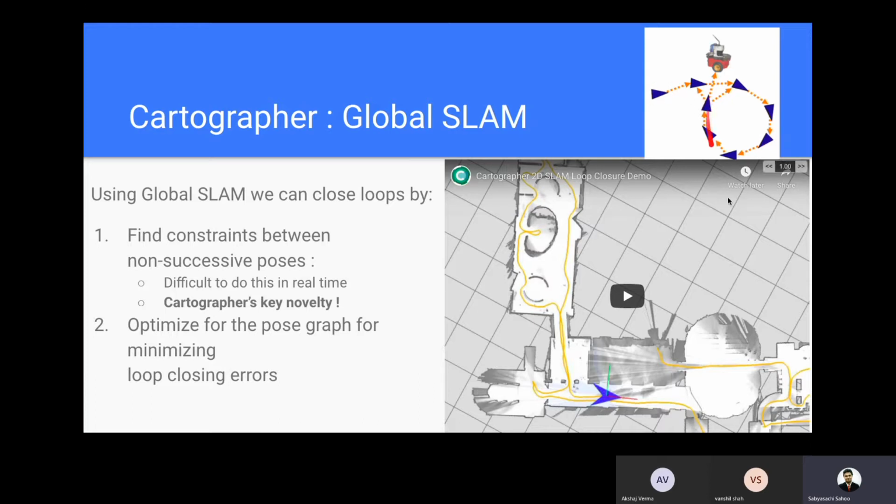But should we do scan matching with every previous pose, or maybe just poses that are nearby? So one question is with which poses you should be computing your loop closing constraints.